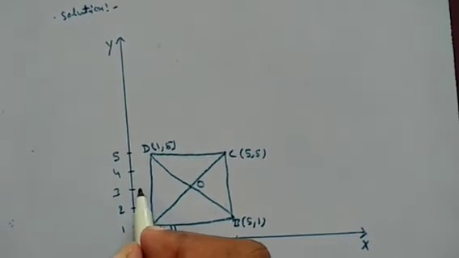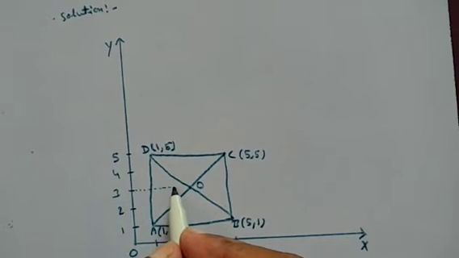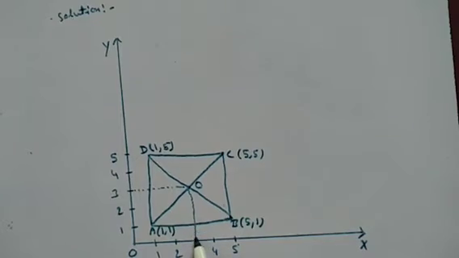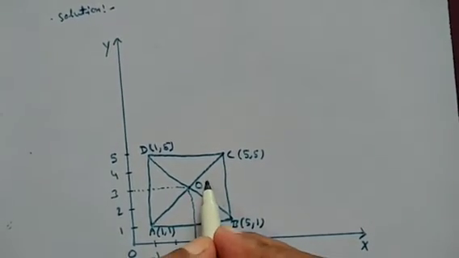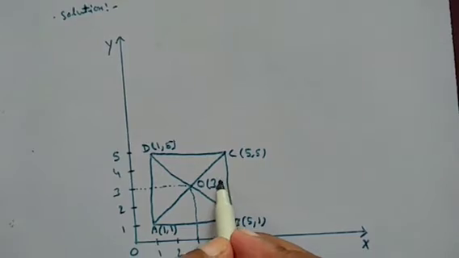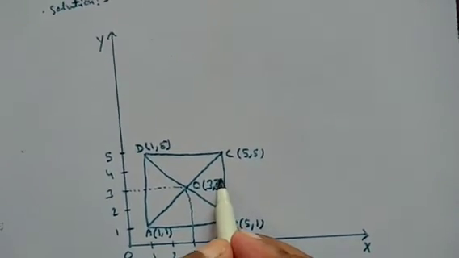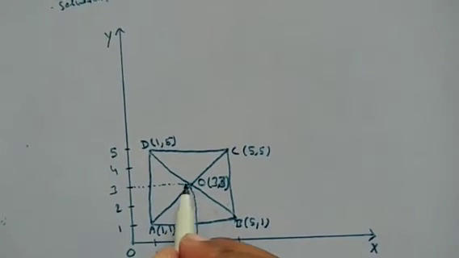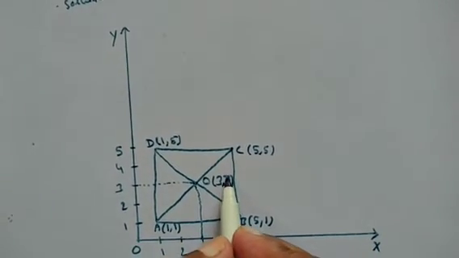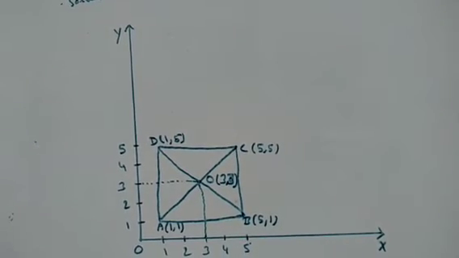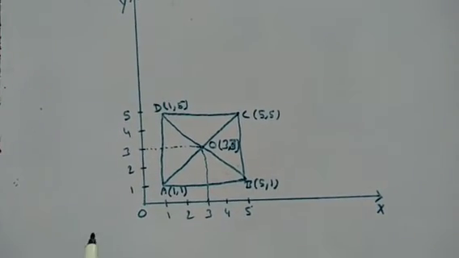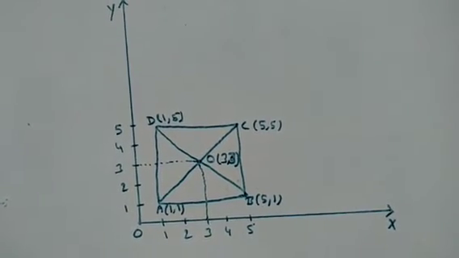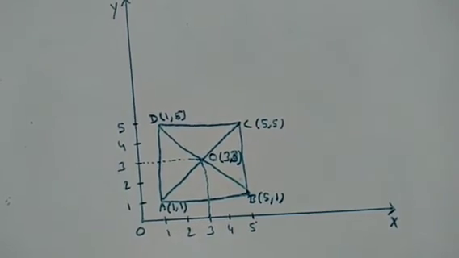The coordinate of this point O will be (3, 3), because the x coordinate and y coordinate are both 3. So the solution of question B is O (3, 3).